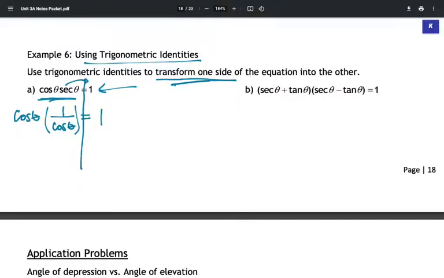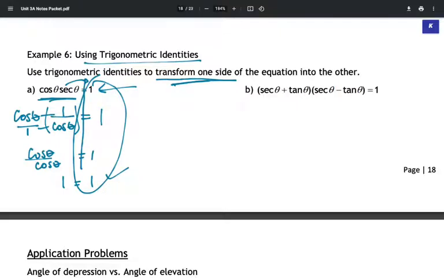So I can show that that equals 1. Well, remember, this is understood to be over 1, and if you multiply straight across, I get cosine theta over cosine theta, which does actually equal 1. So we've proven that 1 equals 1. So again, when you use trig identities to transform one equation to the other, I want to keep this side exactly the way it was the whole way down. We're just making the left-hand side look like that one.